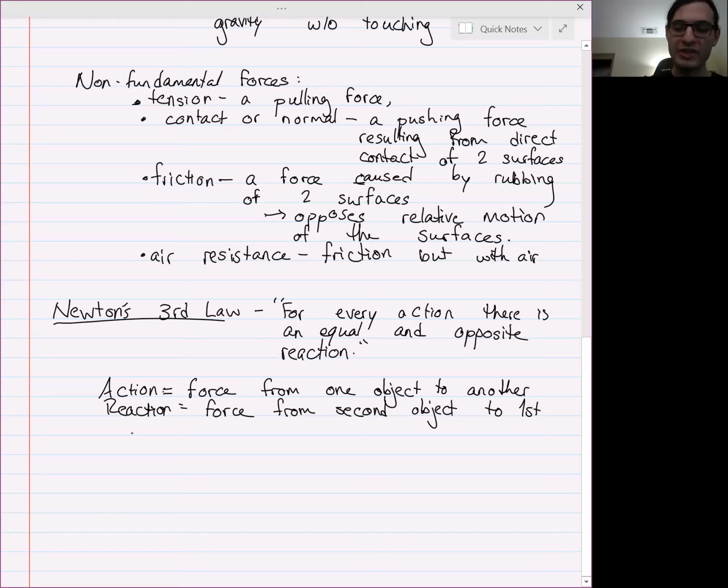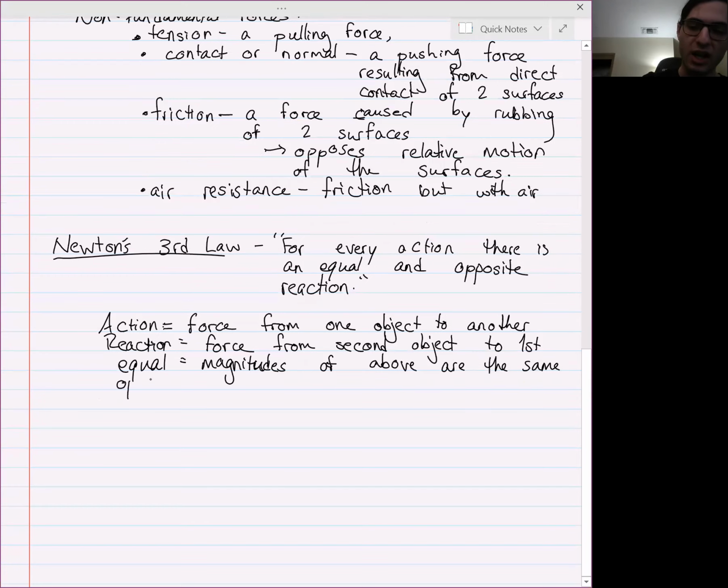The word equal in this sentence means the magnitudes are the same. And when we say opposite, what we mean is the forces, because they're vectors, point in opposite directions.